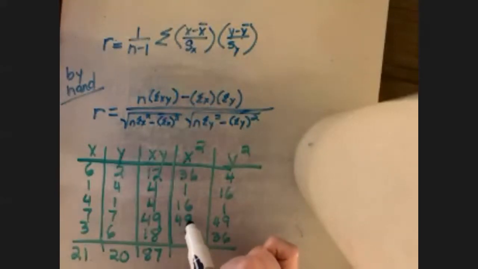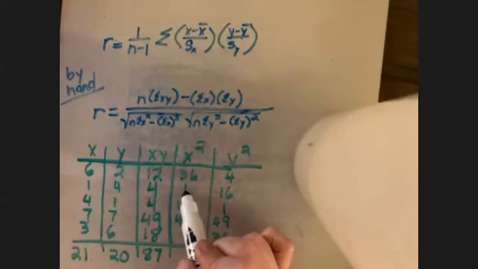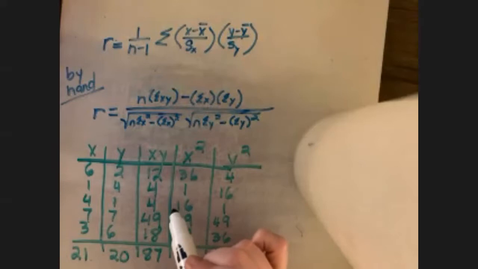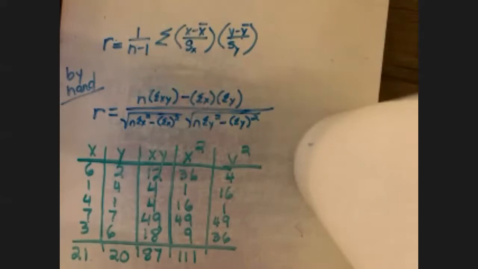Let's see, 9 and 1 is 50, 86, 96, 102, 111 for that. And then 20 and 50 is 70, so it's going to be 106 for that one. Hopefully everybody's tracking where I got all those numbers.